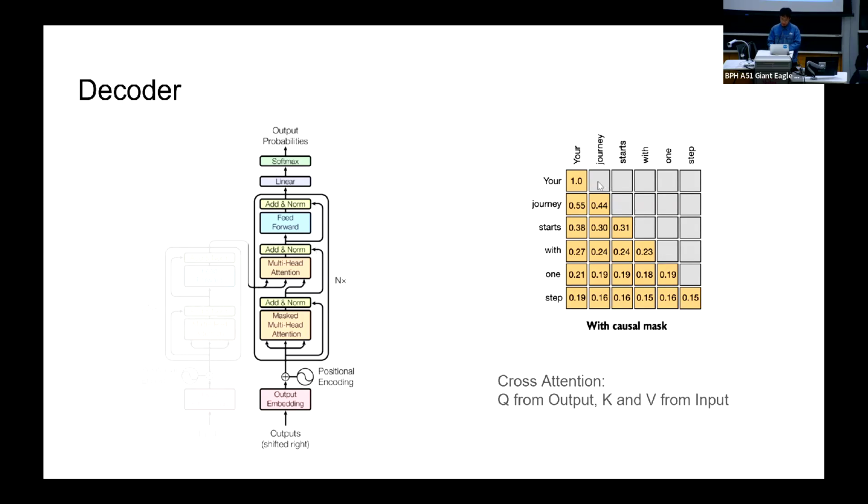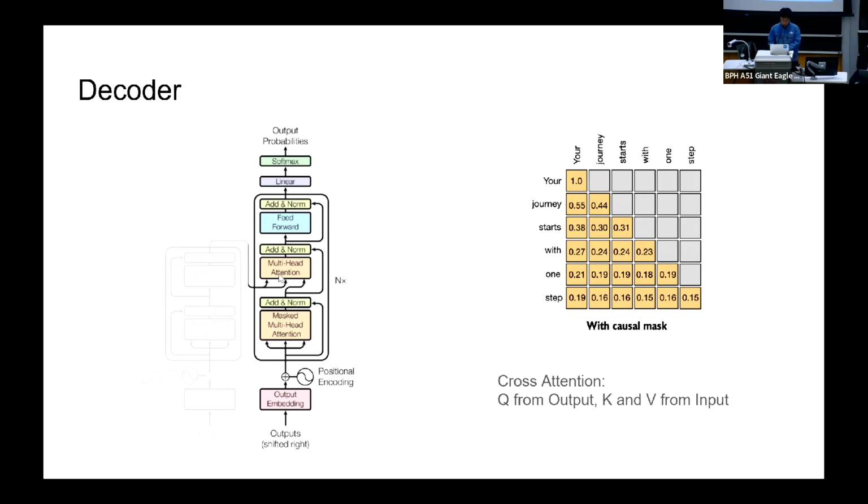So you have to mask it out during training to make sure that it does not learn to extract information from the stuff that's behind it.